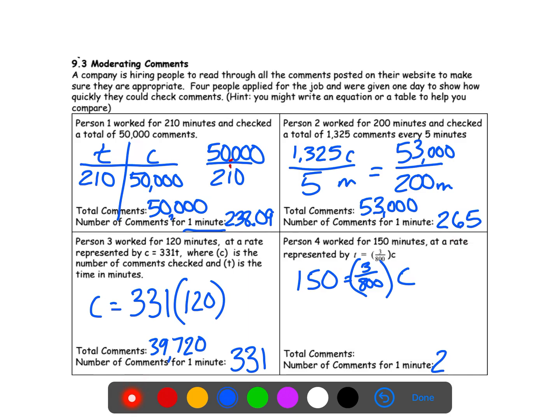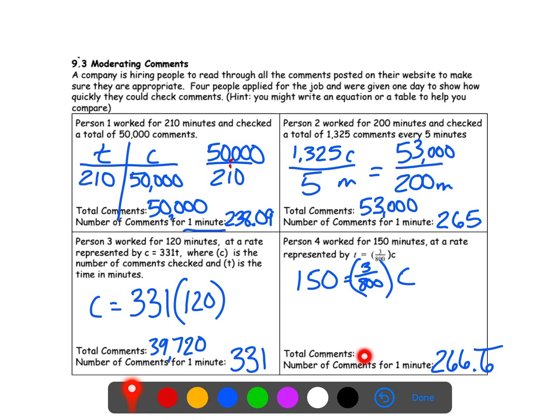So I will divide it. 800 divided by 3 is 266.6 repeating. I only need that one digit with the repeating symbol to show that. And really, when we start comparing, I don't think this decimal amount is going to be important anyways. If we had rounded to the nearest whole number, that probably would have been fine.